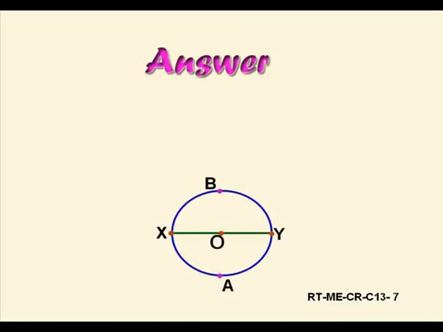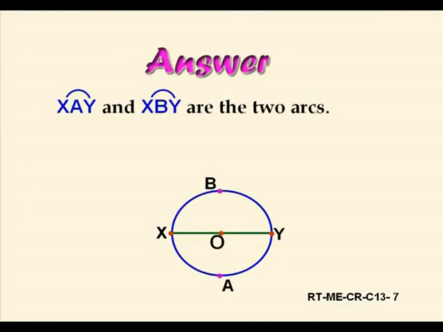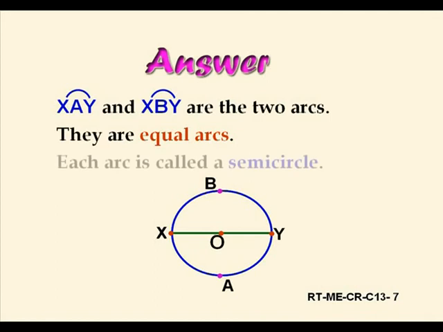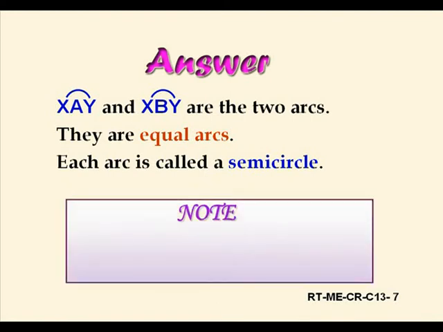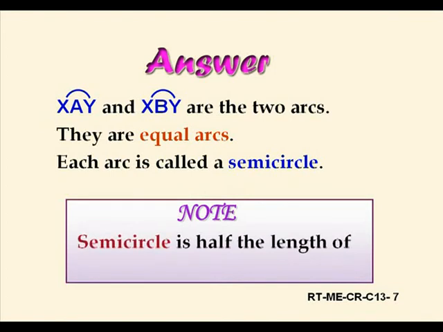Answer: arc XAY and arc XBY are the two arcs. They are equal arcs. Each arc is called a semicircle. Dear children, kindly make a note. Semicircle is half the length of the circle. Write down this important note in your book.